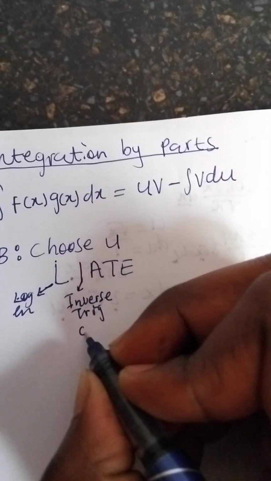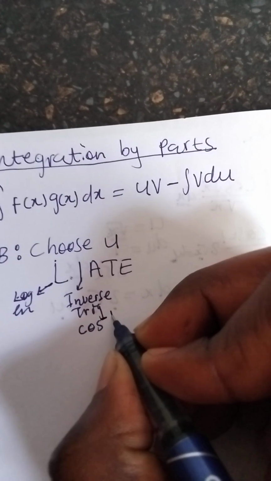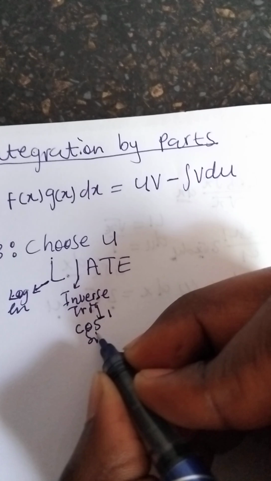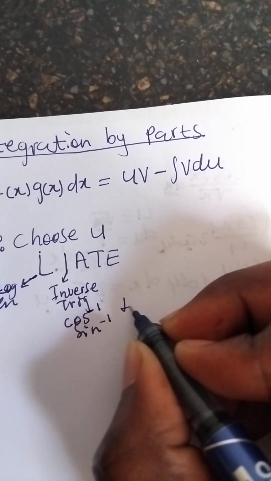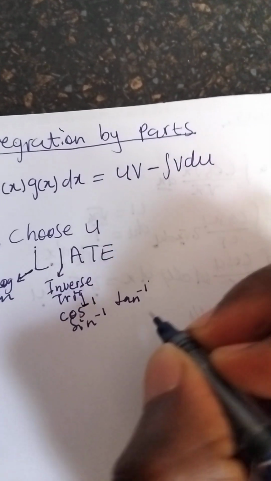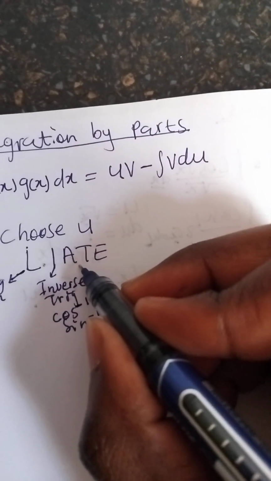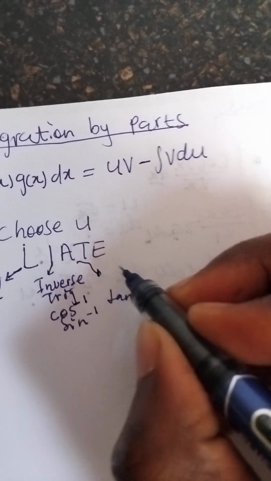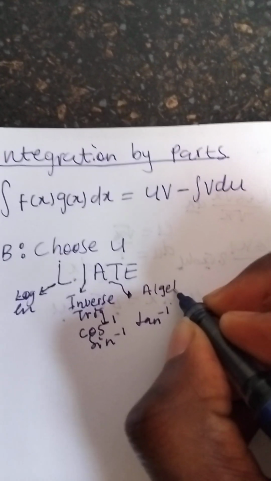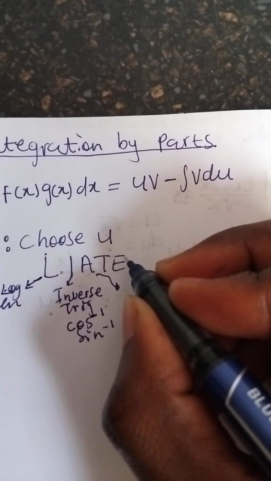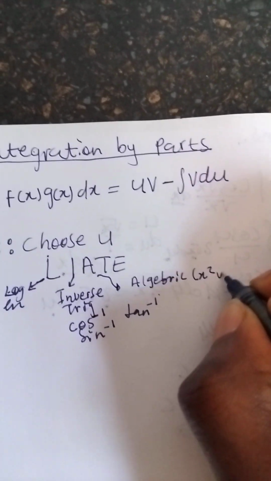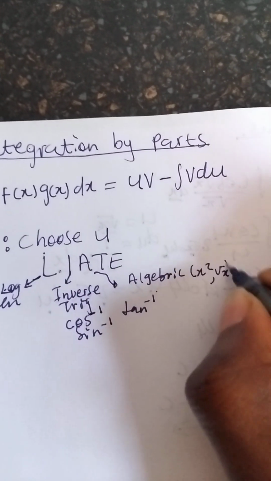So inverse trig is about arccos, arcsine, arctan, things like that, right? Then A is for algebraic functions. Here we are talking about x squared, root x, things like that, isn't it?